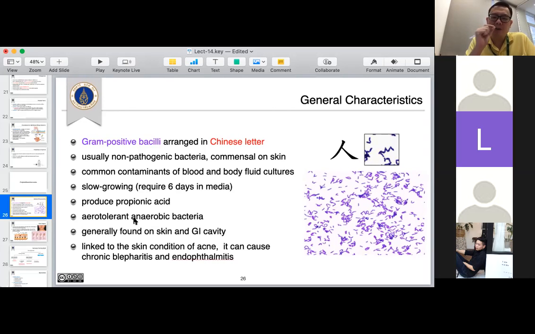They love very little oxygen. And as the name Propionibacterium says, they produce a lot of propionic acid, which other bacteria cannot. Some strains of propionic acid bacteria are used to produce cheese, but some strains are pathogens.